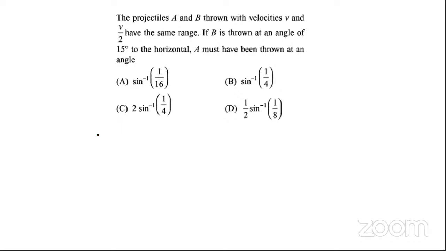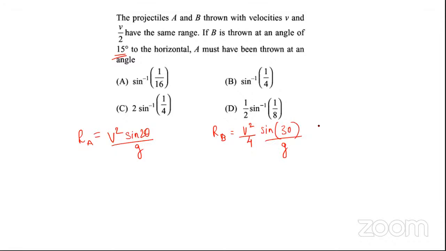See, दोनों प्रोजेक्टाइल्स दिए हुए हैं तो हम दोनों की रेंज को कंपेयर कर सकते हैं. फर्स्ट वाले की रेंज, that is R A, होती है u square sine 2 theta by g. तो इसमें हो जाएगी v square sine 2 theta by g. And second की रेंज है, v by 2 है इसका, so that will become v square by 4 and sine 2 theta, and theta is given as 15, so it becomes 30 by g.